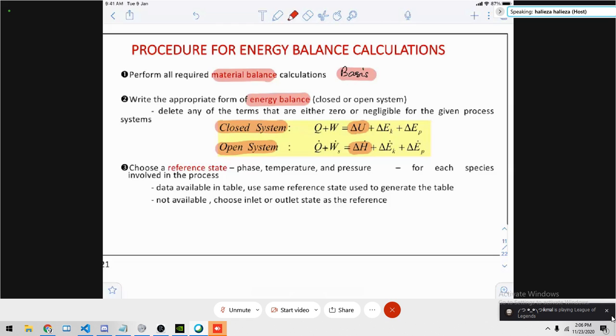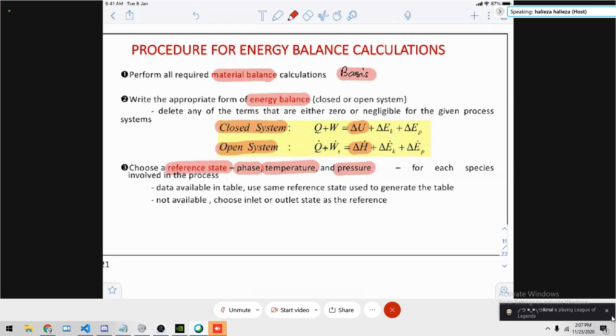And before you carry on with your energy balance, you need to have a reference state. Whenever you have a reference state, please write down the phase, liquid, gas, or solid, the temperature that you're going to choose as your reference temperature, and the pressure that you're going to choose as your reference pressure. So you need to specify these three things: phase, temperature, and pressure.